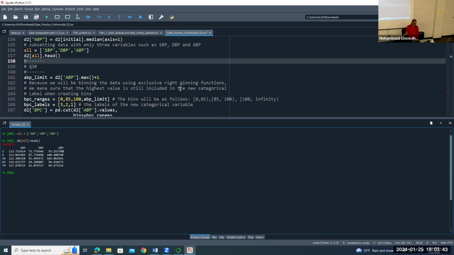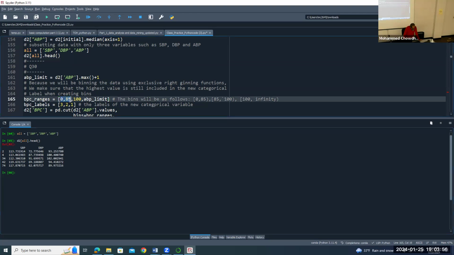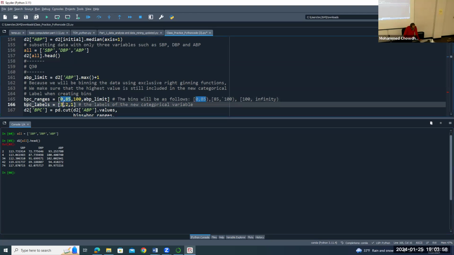If you do not add it, that's fine, but if you add it, that is also fine. Why? That is the highest limit of the ABP. Now, I want to create level 3 when the ABP value is 0 to 85. Are you seeing the 3 in there?